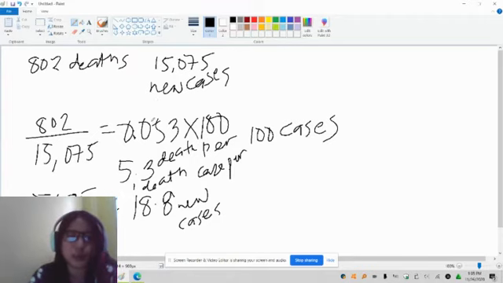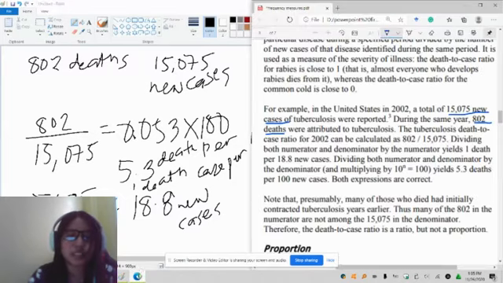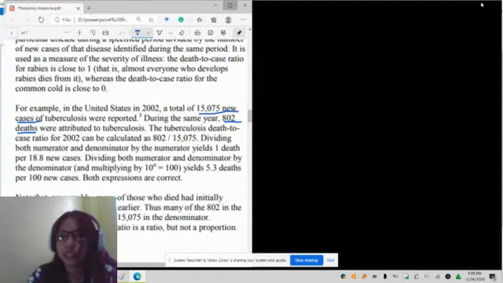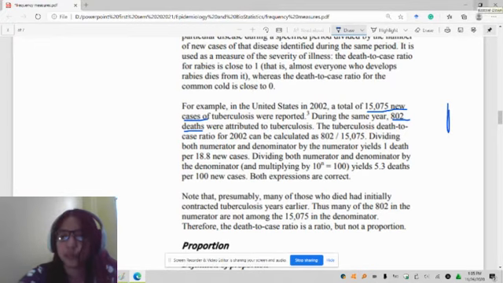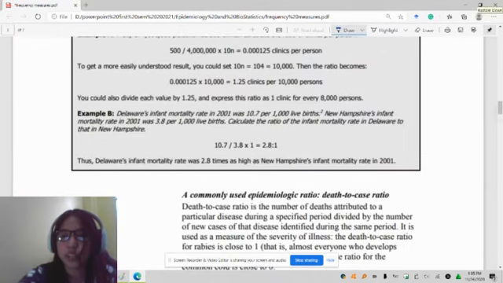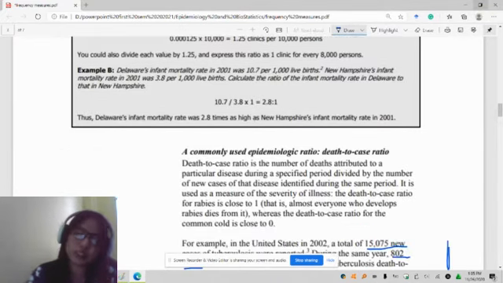So that is how to use ratio in computing for this. And since the concern is death and new cases, this is an example of, let's go back to our slide, death to case ratio. The number of deaths and the number of new cases.